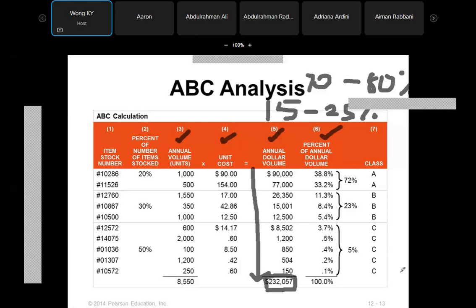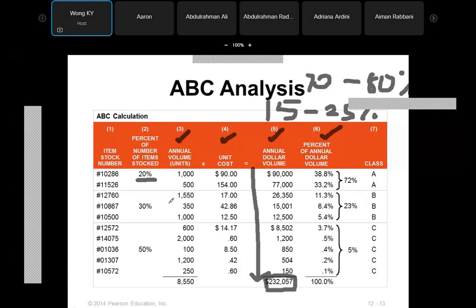So I repeat, class A, you may want to write down. Class A normally accounts for 20% of the total inventory quantity or total inventory items, and it will also account for about 70 to 80% of the annual dollar values.